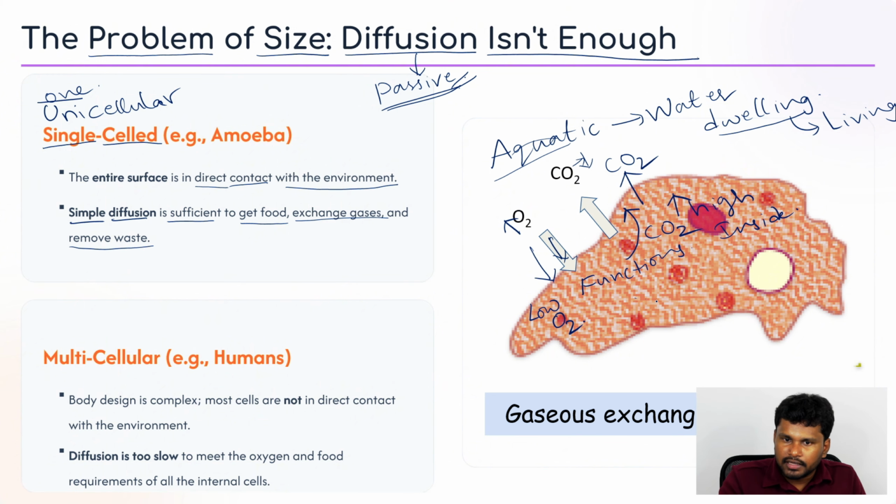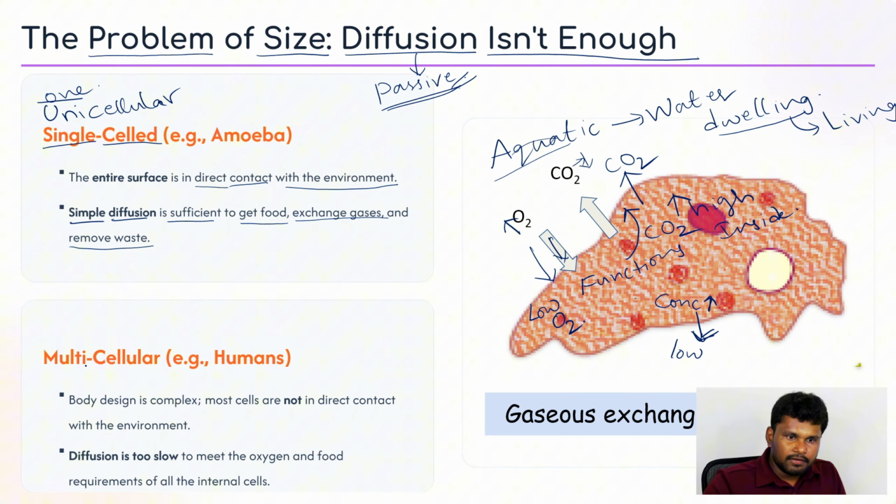When it comes to the waste generated in the body also, the same happens. The waste concentration will go high inside, so waste concentration will be low outside. So the concentration is high inside and low outside, and that will be moving outside simply. The high concentrated waste inside the amoeba will slowly move outside to reduce the concentration inside. Very simple. That is simple diffusion.